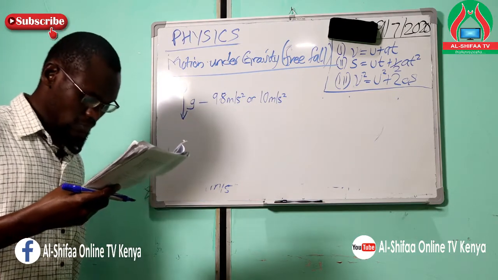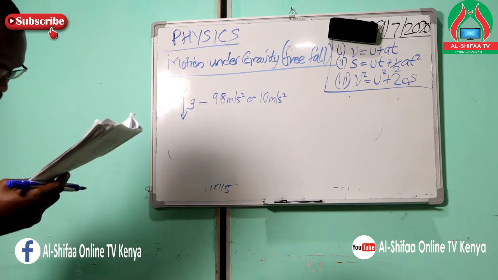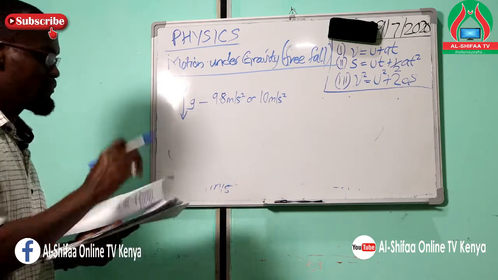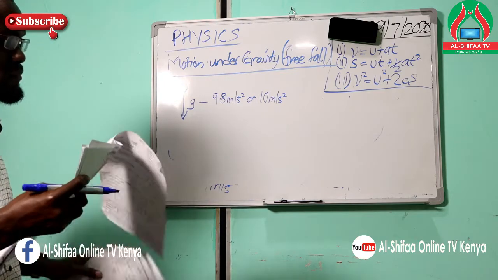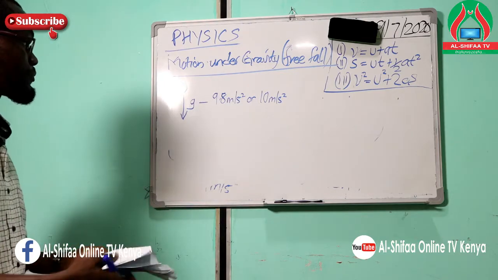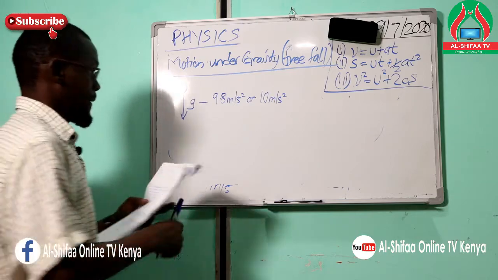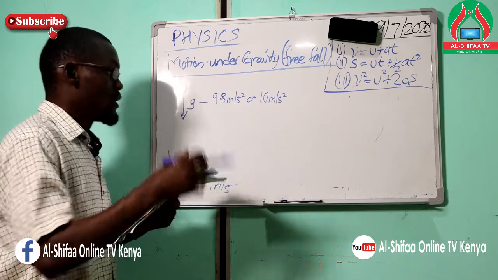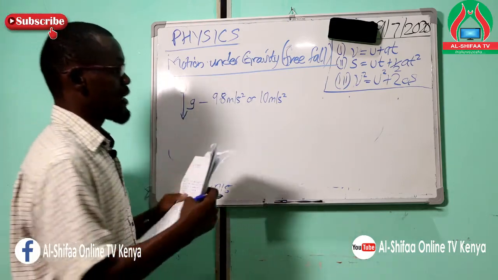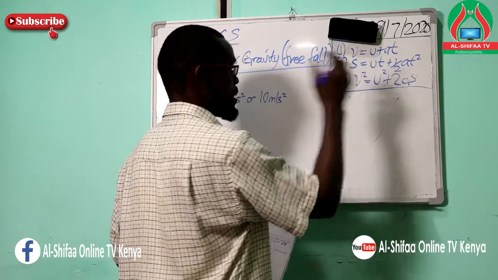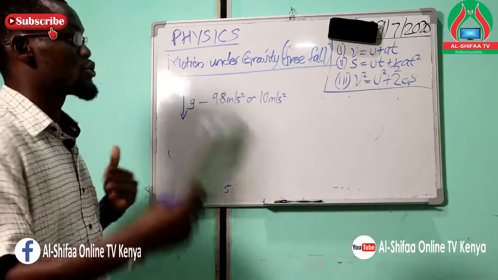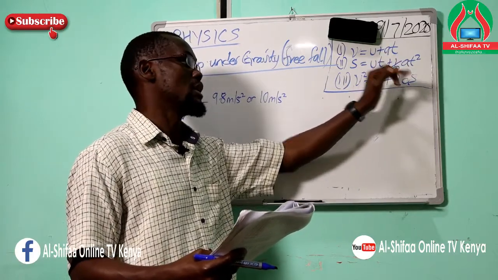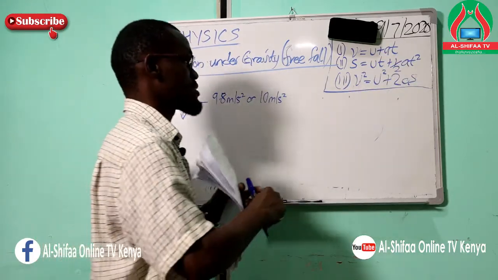So in our kinematic equations, we'll now have to substitute the value of acceleration a with g. Then our kinematic equations will be as follows.